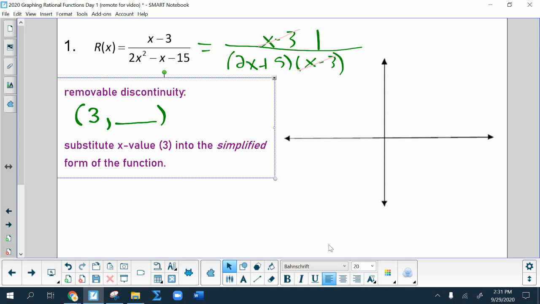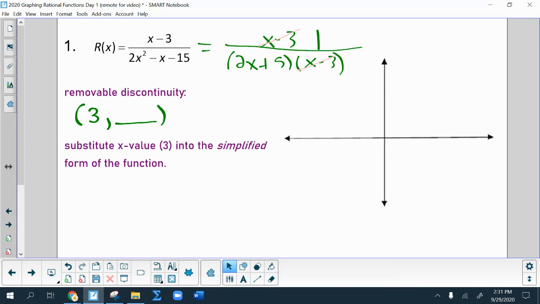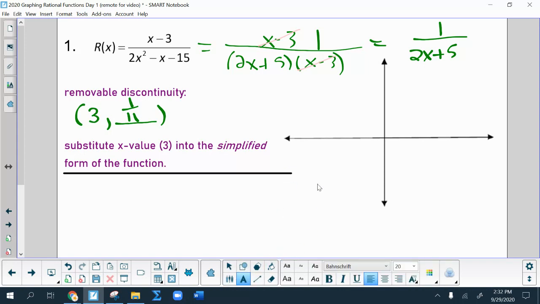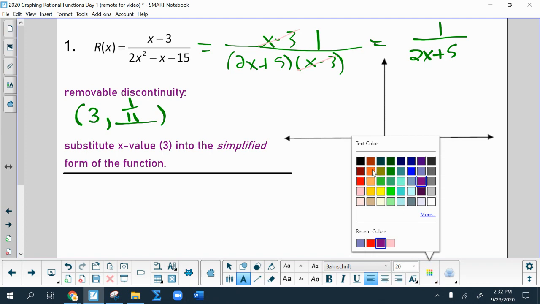In our situation, that simplified version is 1 over 2x plus 5. So I'm going to substitute 3 into that, and we're going to get 1 over 11. So the hole will be at 3 comma 1 over 11. That's the first thing I think most people notice. And then you have to find the rest of the stuff that's necessary to graph it. So now let's do the vertical asymptote next.